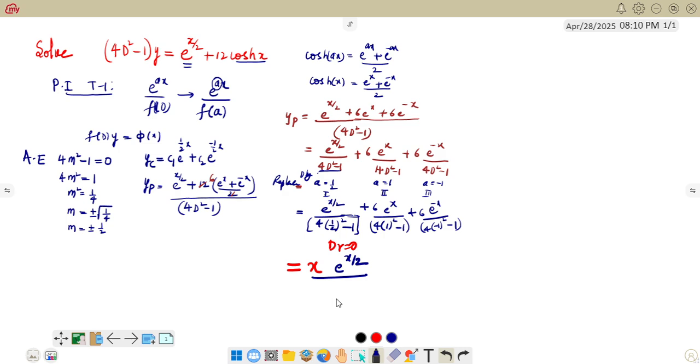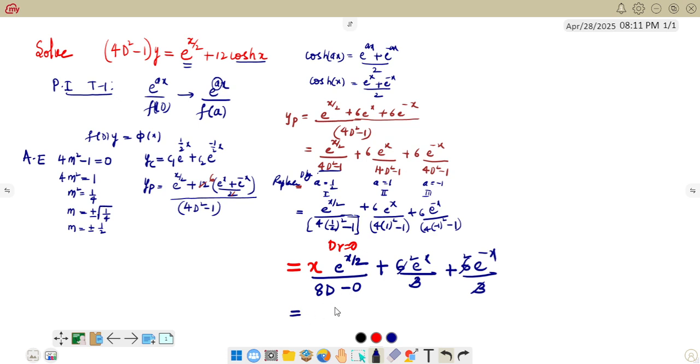Differentiation of 4D square minus 1 with respect to D is 8D. In the second term, 6 into e raised to x divided by 3, and again e raised to minus x divided by 3. So 3 ones are 3, 3 twos are 6, so 2.